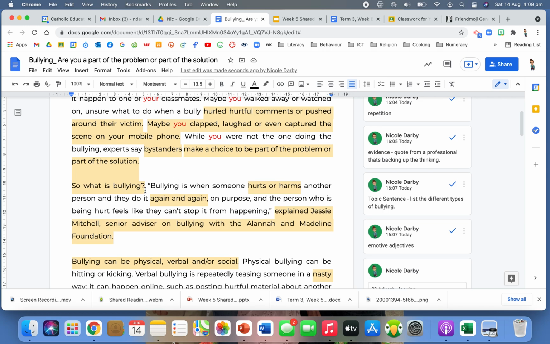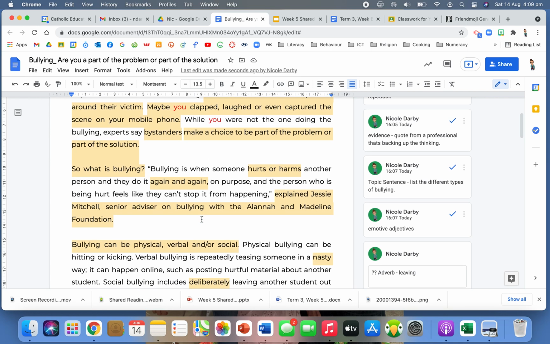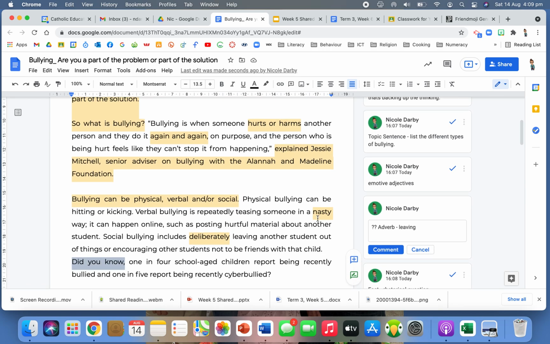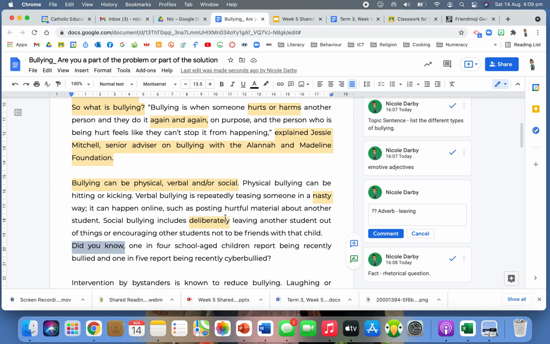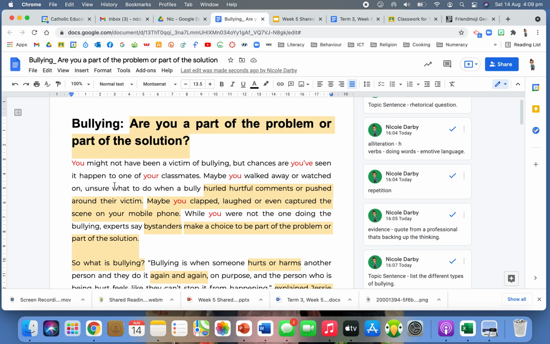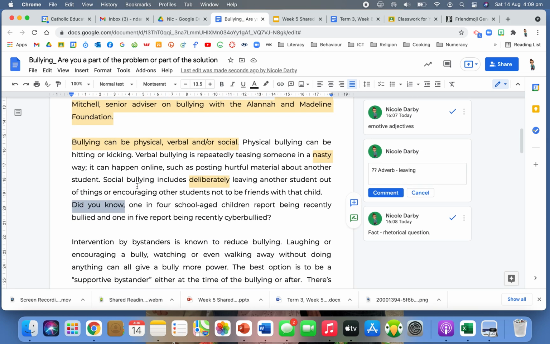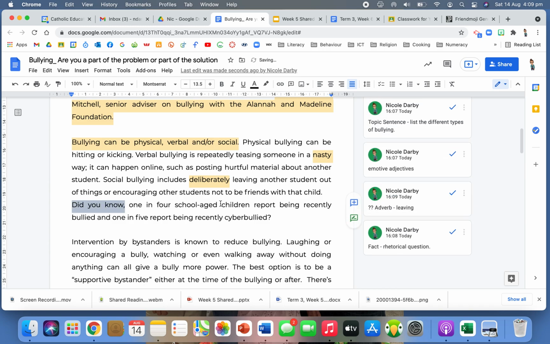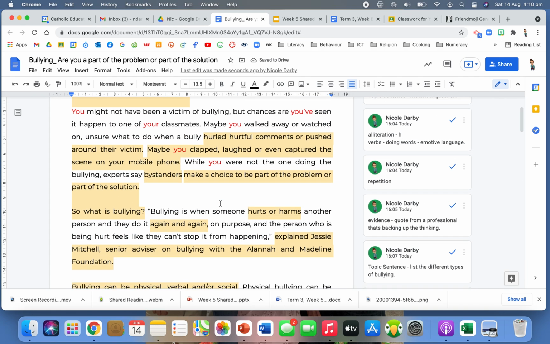They're using quotes from experts. They're using repetition. They're using emotive language. They're using high modality words. They're using adverbs to add more information to the verbs. They're using facts that they know. And that's just in the first 1, 2, 3 paragraphs that we've looked at today. All of those techniques that the author's doing.